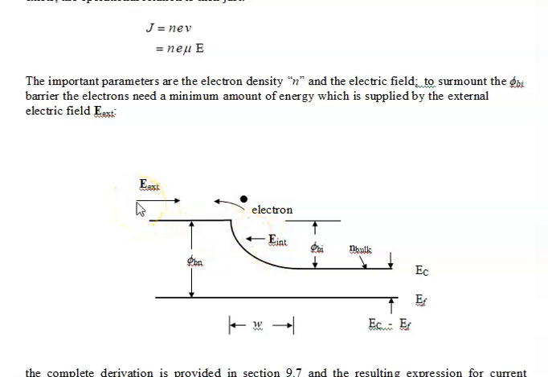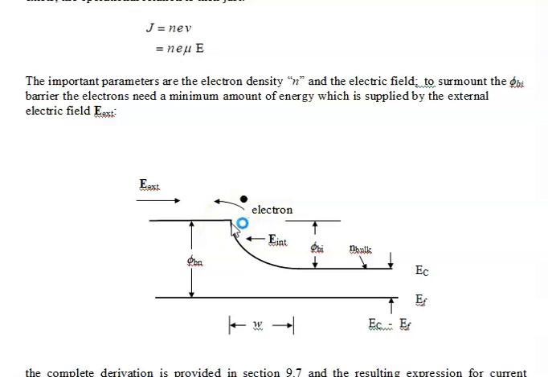In forward bias, where we have relatively large currents, we have an electric field which opposes the internal electric field. And as this external electric field goes up, then the band barrier, or the band bending, goes down. So that's really quite a big deal.